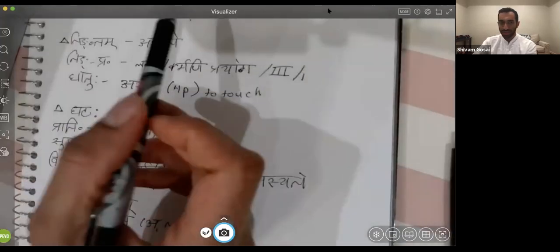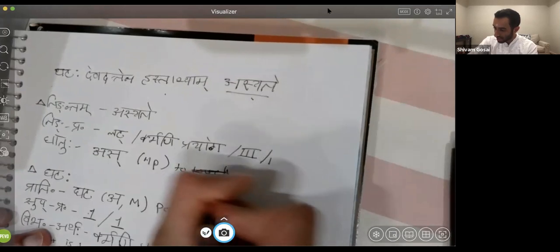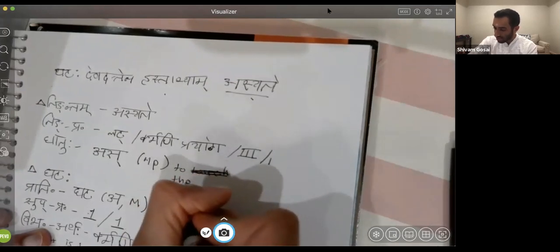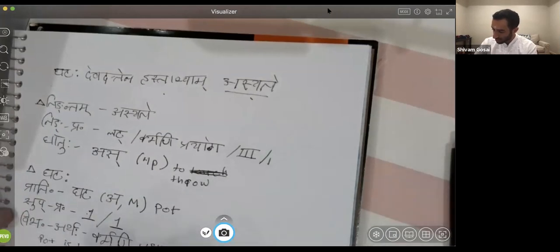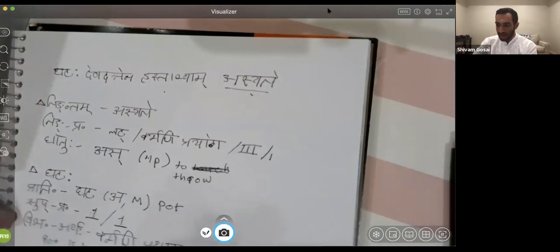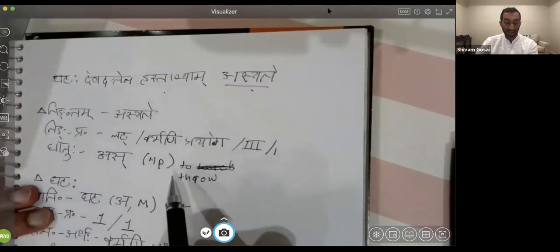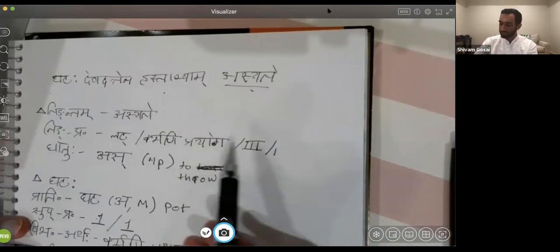Why is it Kartari Tritiya, right? Because who is doing the action of throw? Oh, sorry. It should be throwing. Asyate is to throw, not to touch. I don't know why I said that. I was thinking of the other example we just did. Okay, to throw.